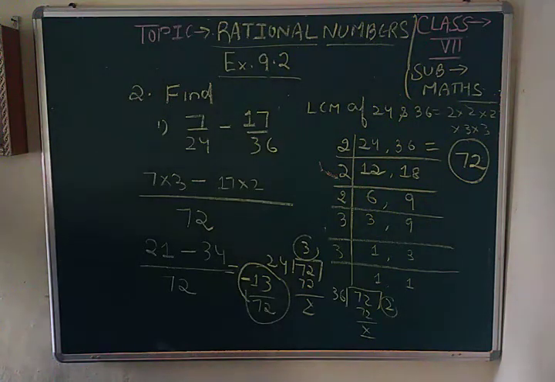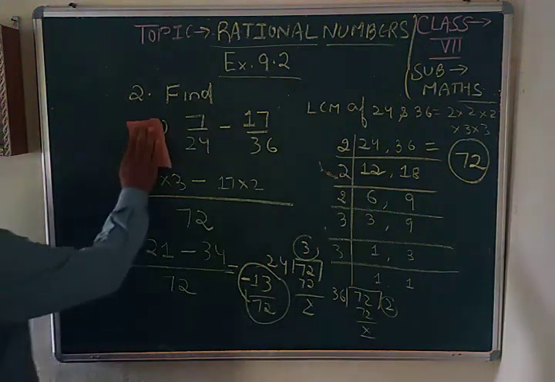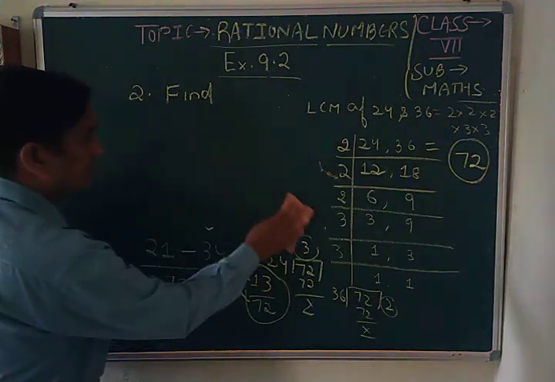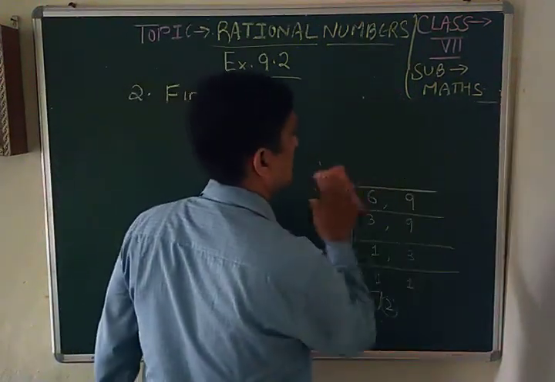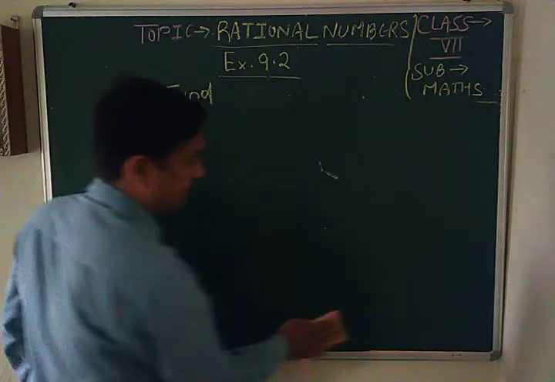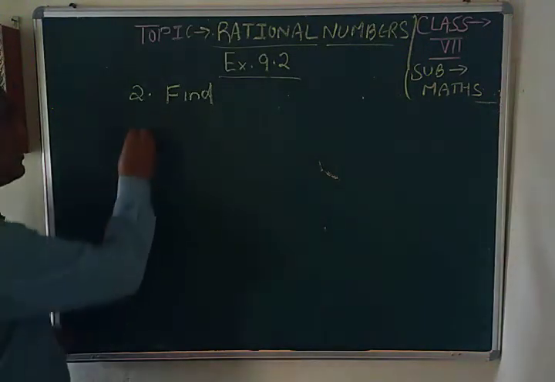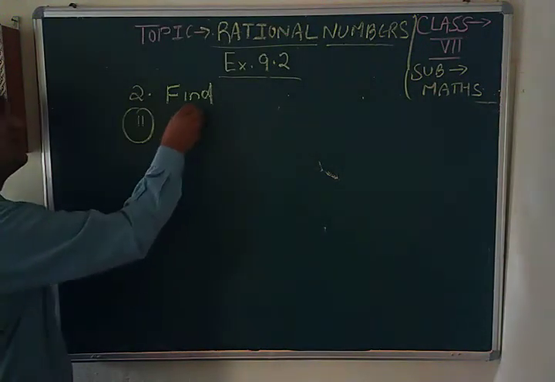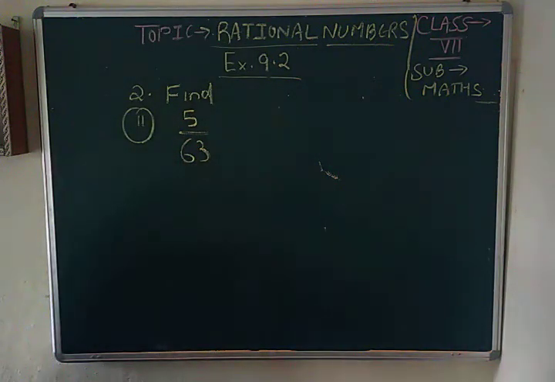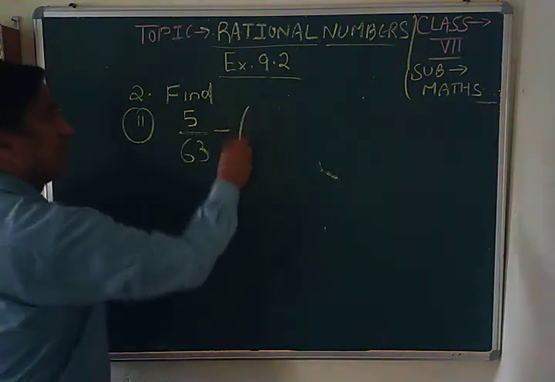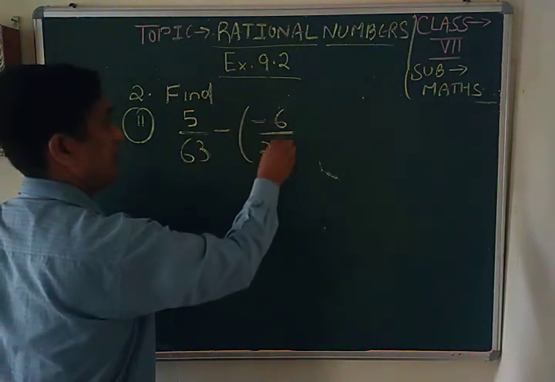Now children, we will do one more part of this type. Second part: 5 upon 63, then minus 6 upon 21.